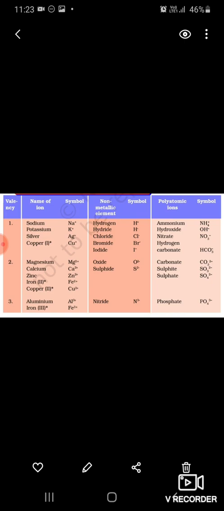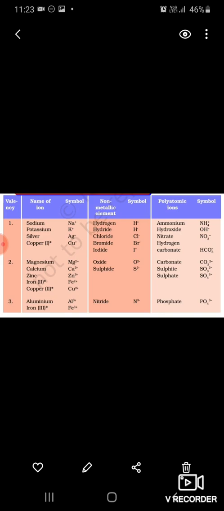Now second, magnesium Mg2 plus, calcium Ca2 plus, zinc Zn2 plus, iron Fe2 plus, copper Cu2 plus. Oxide O2 minus, sulfide S2 minus, carbonate CO3 2 minus, a polyatomic ion, sulfite SO3 2 minus, and sulfate SO4 2 minus.